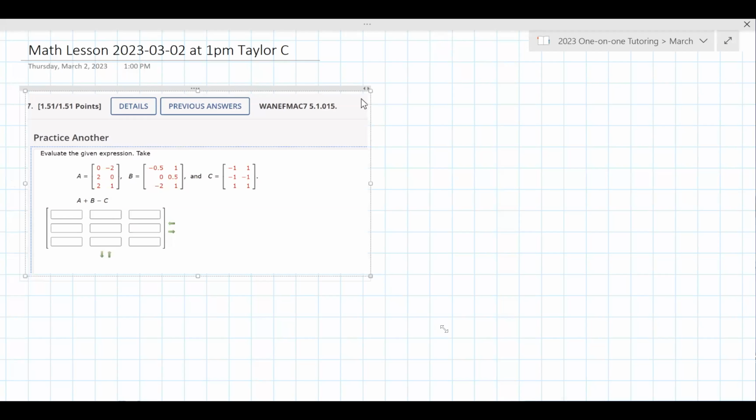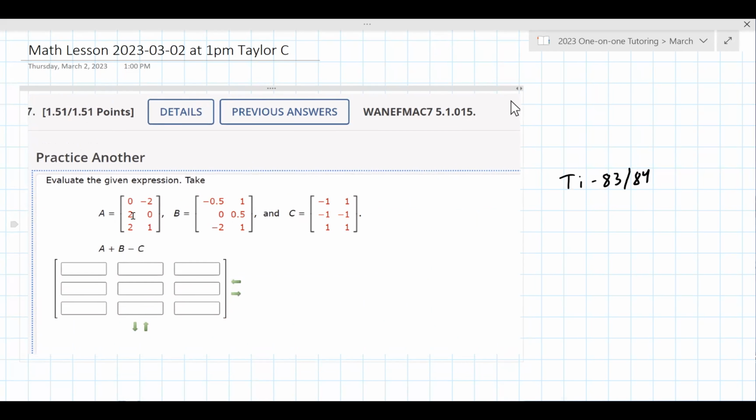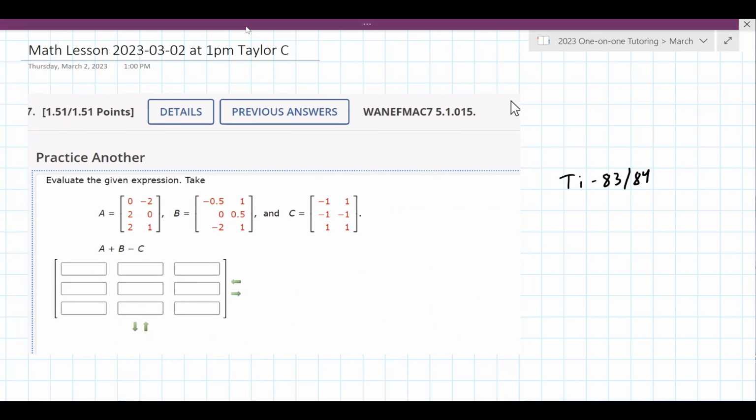All right, so if you're seeing my screen, let's let that load up here. It asks you to do A plus B minus C, and you have these matrices. Now, are you allowed to use a calculator in this class? Yeah, like a TI-84. Okay, so I can show you how to do that using the calculator or by hand. This one doesn't gain you much using the calculator because you're literally going entry by entry.